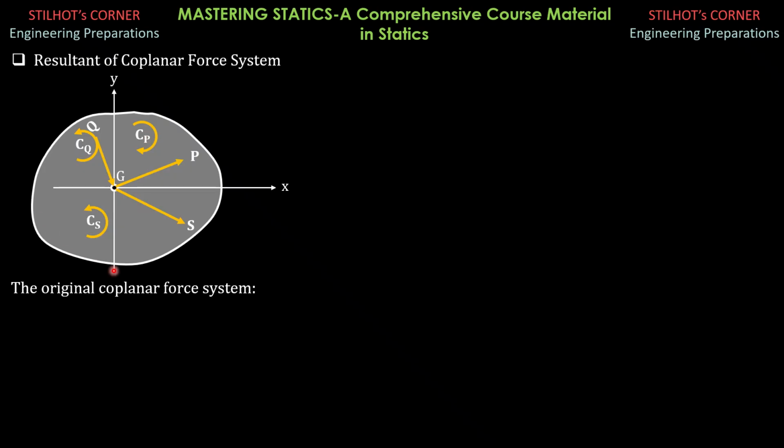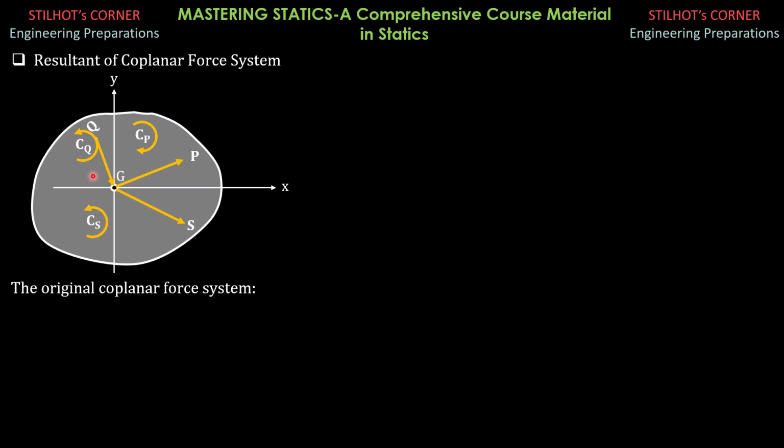Therefore, this original system can now be replaced by, you look at the forces, they are now concurrent at G. So these forces, by principle, can be replaced by a single force, and we call that the resultant, as well as these couples.